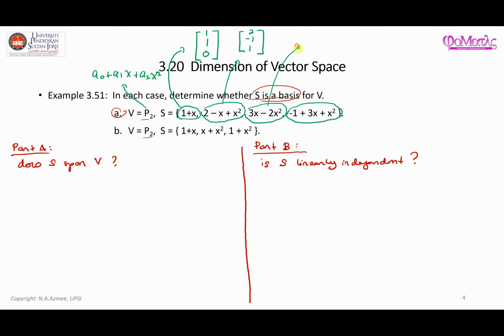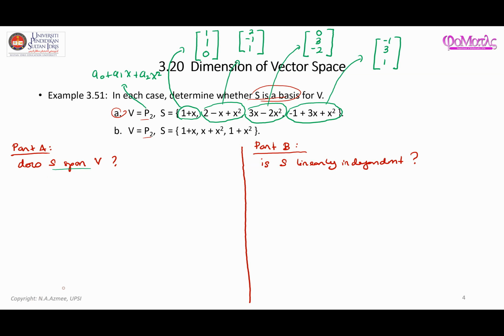And for this one, it will be 0, 3, -2. And for this one here, it will be -1, 3, 1.